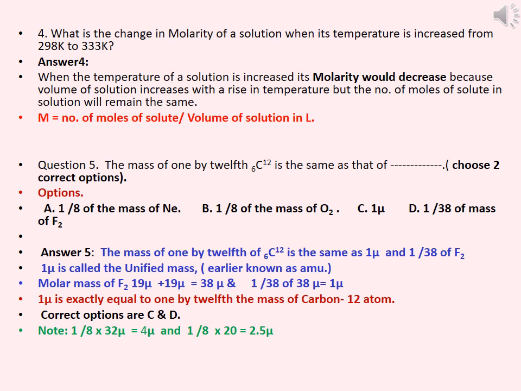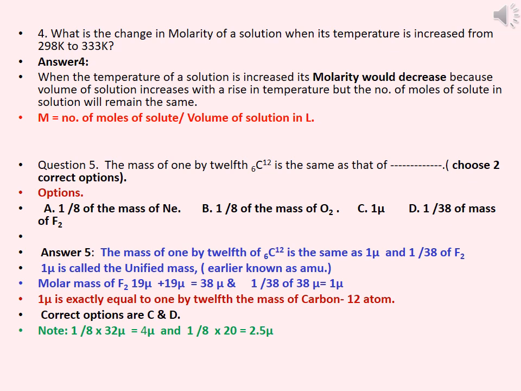The other option D, let us consider. On calculating the molar mass of F2, that is the atomic masses of two fluorine atoms, 19 plus 19, which is 38 mu. Therefore, 1/38th of 38 mu is equal to 1 mu.